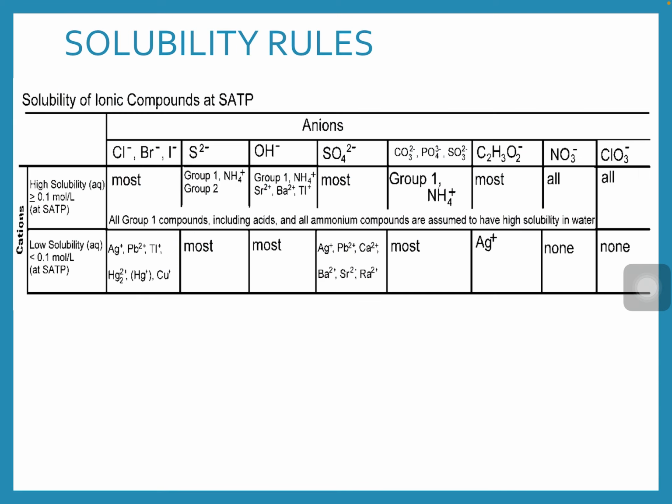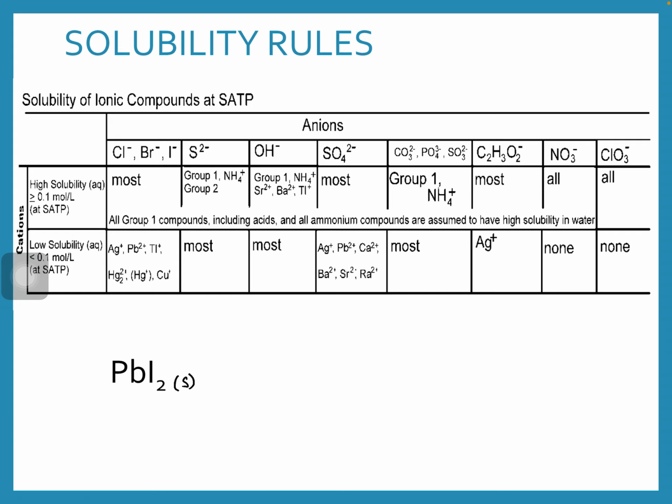Here's another version of a solubility table, and this is the one that you find in your data tables. So lead 2 iodide: iodine is over here, and it is soluble with most things, low solubility with these, and lead 2 is one of those things that it has a low solubility with, and so this is going to be a solid then.